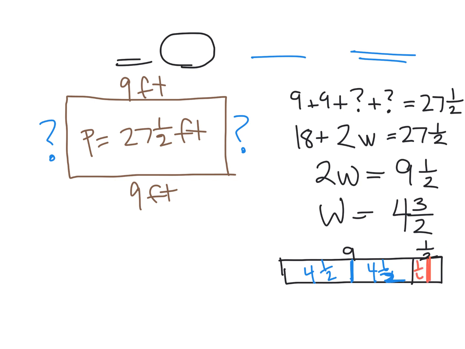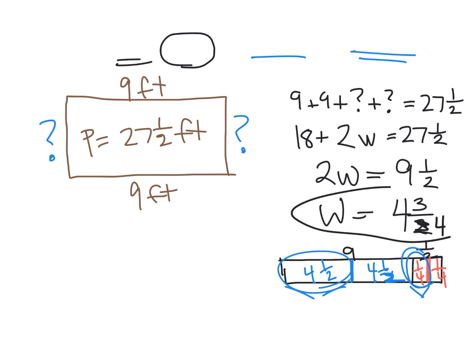I'd get a 1/4 and a 1/4. So if I want half of 9 1/2, because this is 2 of them, so I only want half as much, well, I take 4 1/2 and I take a 1/4. There's my half. And if you add 4 1/2 plus a 1/4, you get 4 3/4. Whoa, 4 3/4 right there. So the width right here, 4 3/4. And this width is 4 3/4.